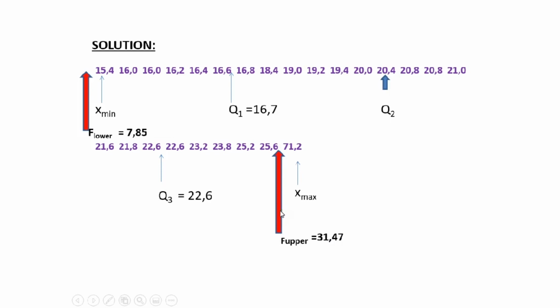So this upper fence is still within the arranged data set. Therefore, 71,2 lies way above the upper fence. Therefore 71,2, which in this case is the maximum value, becomes an outlier.